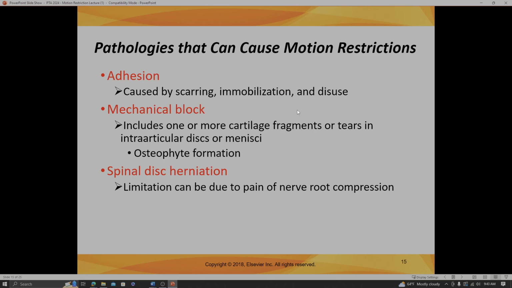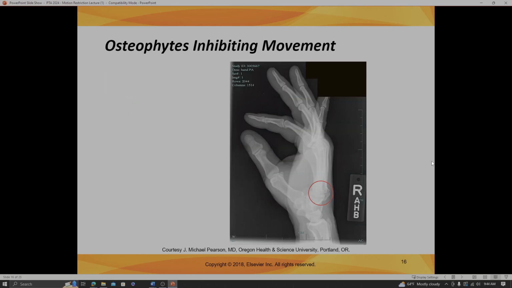Adhesions can be caused by scarring, just immobilization, disuse. Mechanical block would be like an osteophyte or bone spur formation, or just cartilage fragments that are inside the joint itself. Spinal disc herniation usually is going to be caused by pain of the nerve root compression.